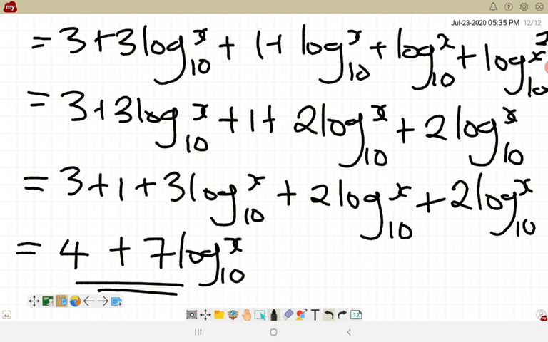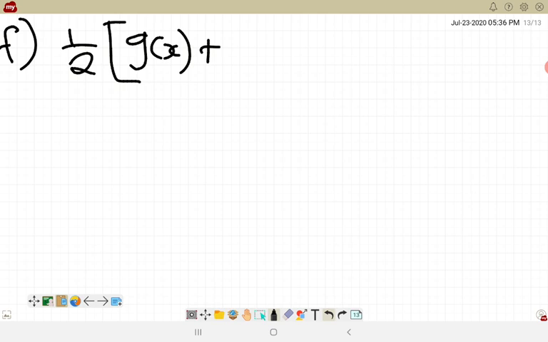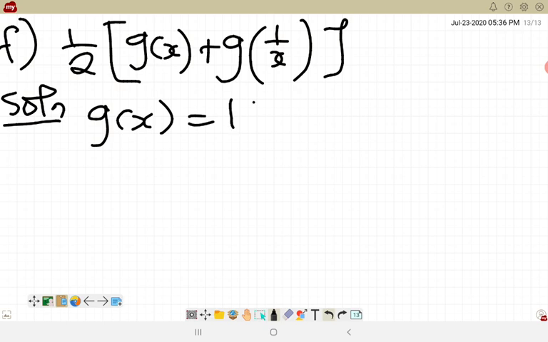So we take the very last example, example number F. This example says find 1 over 2g of x plus g of 1 over x. Remember that g of x equals 1 plus log x base 10.